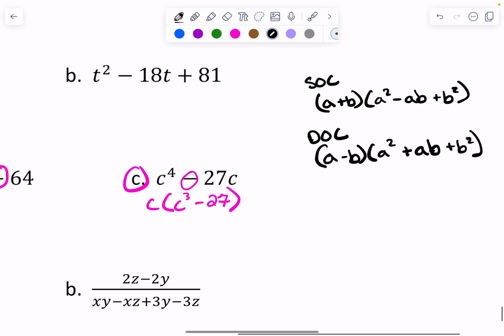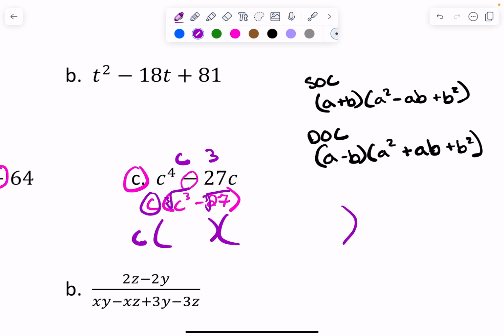All right, so we just have to figure out what our A and B parts are. So A is going to be the cube root of C cubed, which is just C, and B is the cube root of 27, which is 3, okay? So I'm going to leave this C out here. This C is just chilling. I've got this and then this big one, okay? So I'm doing difference of cubes. This is a DOC. If I'm going too fast, pause it or something.